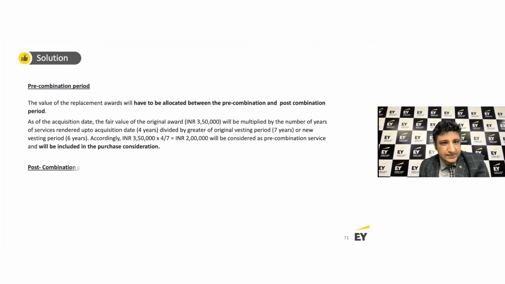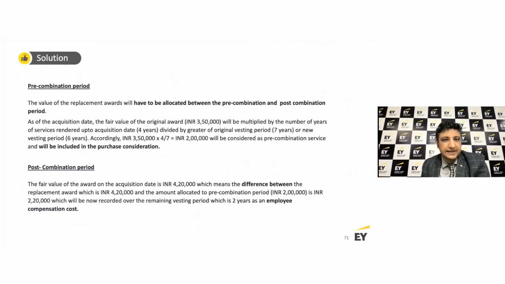Okay, let's have a look at the formal solution to understand this. We're simply saying that the value of the replacement award will have to be allocated between the pre and the post combination period. The fair value of 3,50,000 rupees will be pro rata on how much of this relates to the pre-combination period, right?